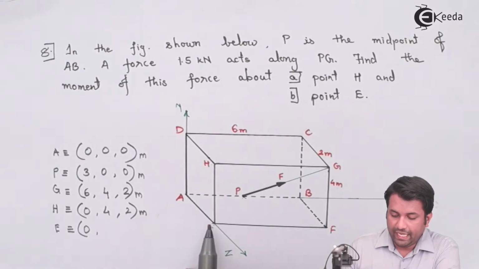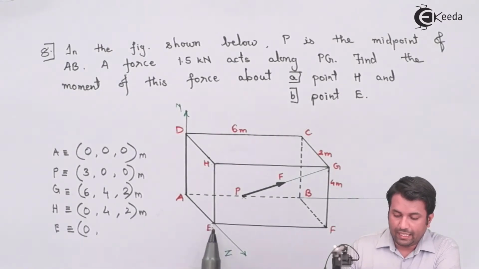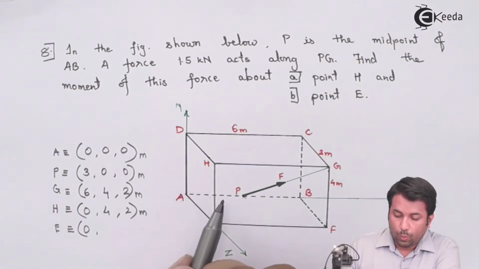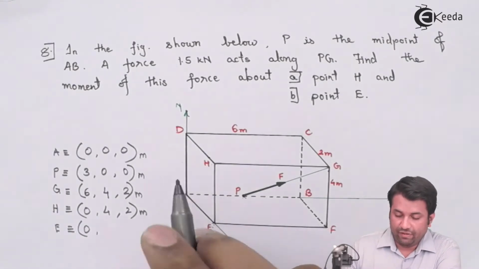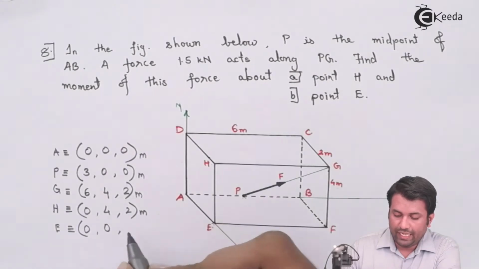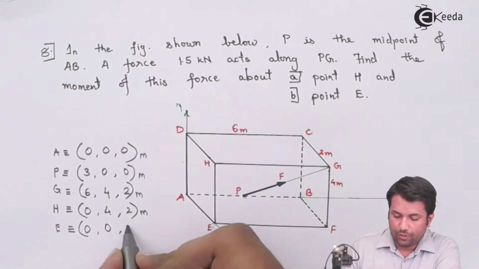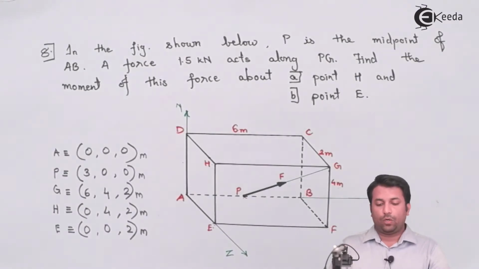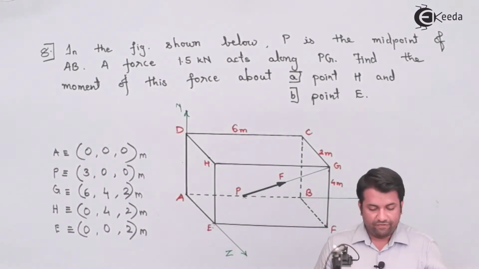For point E, since this point is lying on the z axis, X coordinate and Y coordinate will be 0. So all I need is the Z distance, and that happens to be 2 meters. So this is how I get the coordinates in this figure.